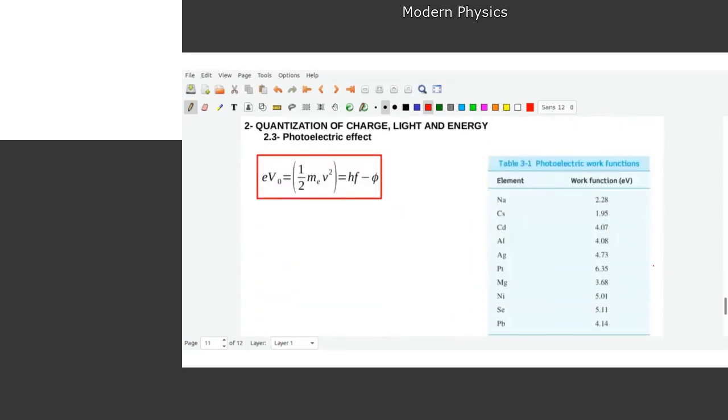The last thing you can do is measure as a function of the material. We have a table here for these elements: sodium, cesium, cadmium, aluminium, all metals. You have the work function, which is given here in electron-volts. What is the electron-volt?